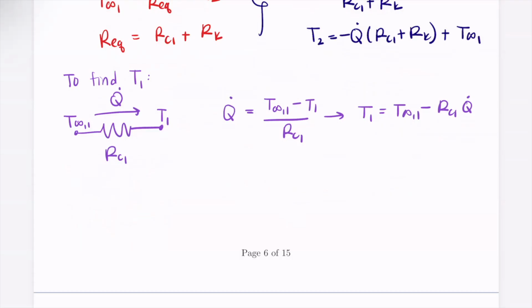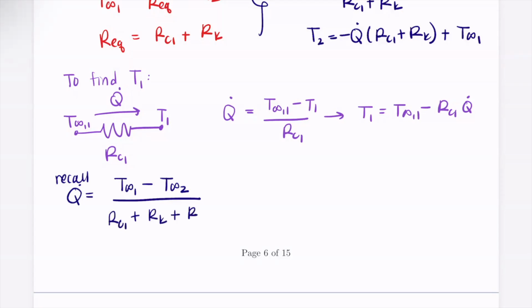Okay, if we look back at what our overall equation for Q dot looked like when we considered all three thermal resistances. So if we recall, Q dot is T infinity 1 minus T infinity 2 divided by the sum of those resistances. So we have our first convective resistance, our conductive resistance, and then our second convective resistance.